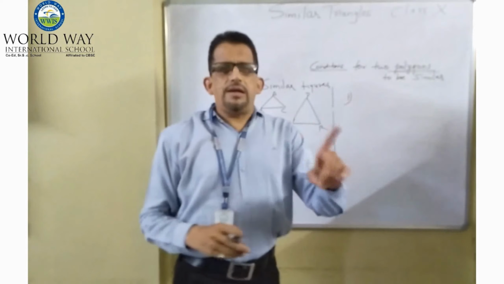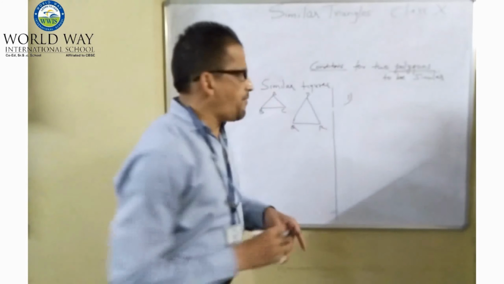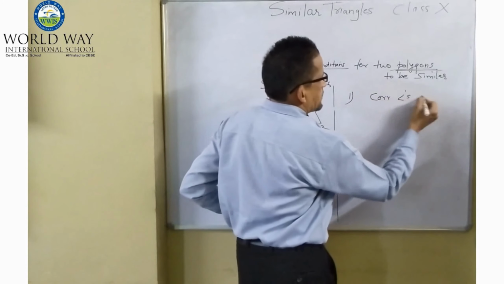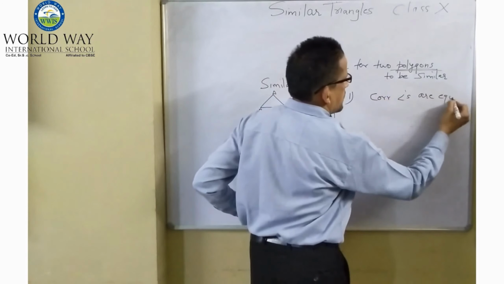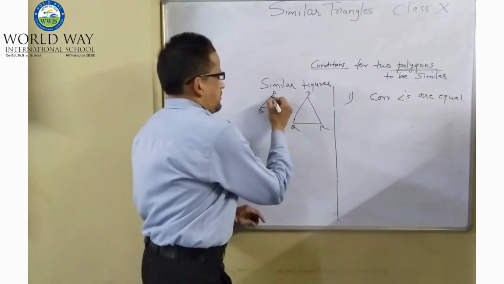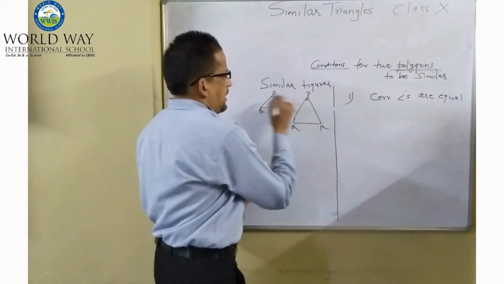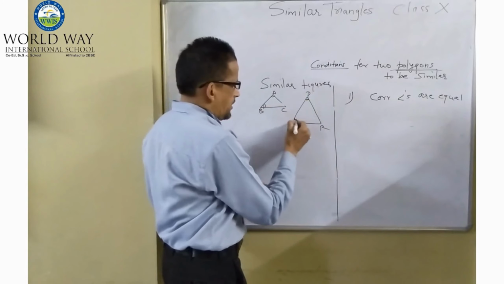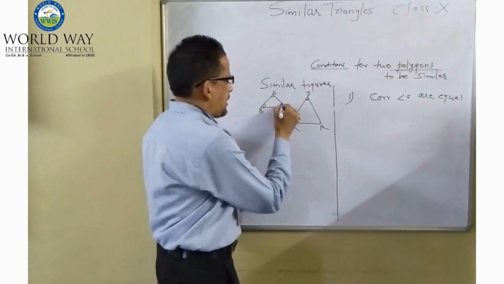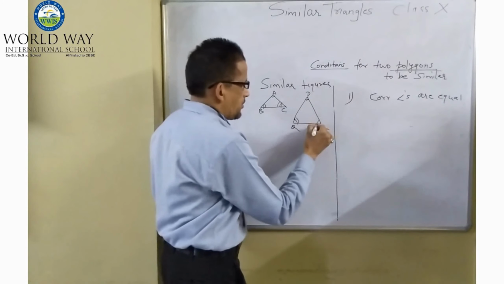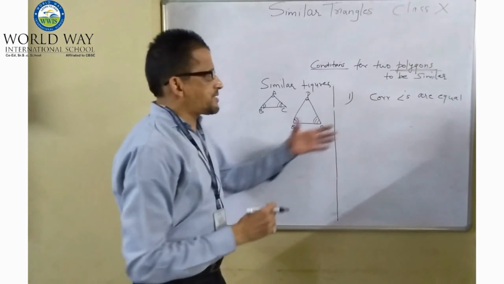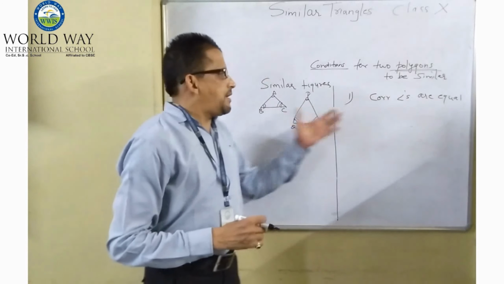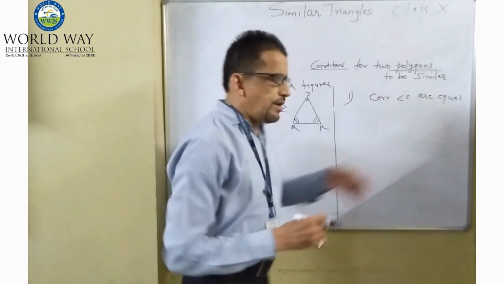So two triangles are similar if corresponding angles are equal. Angle A is equal to angle P, angle B is equal to angle Q, and angle C is equal to angle R. The first condition is that two triangles are said to be similar if corresponding angles are equal.